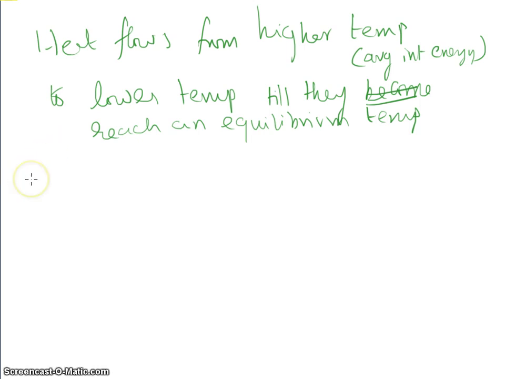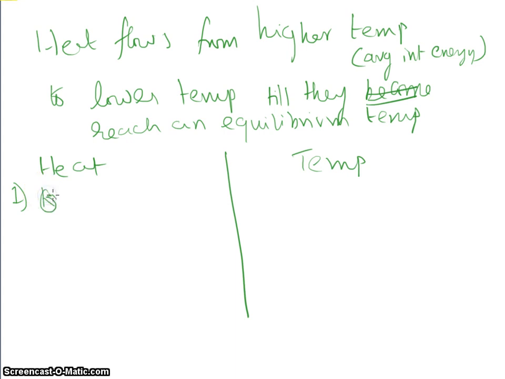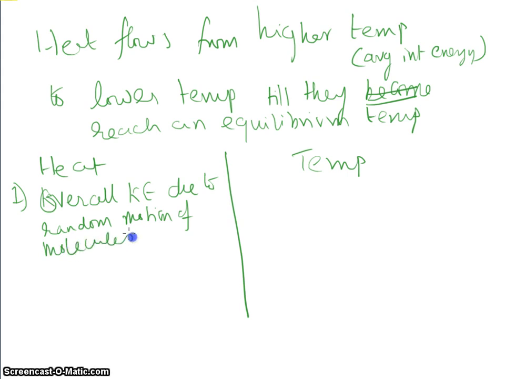So apart from this, what are the key differences between heat and temperature? This is something we studied last year. So heat by definition is the overall kinetic energy due to random motion of molecules, right?